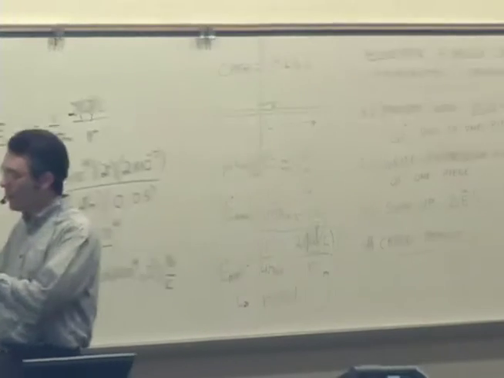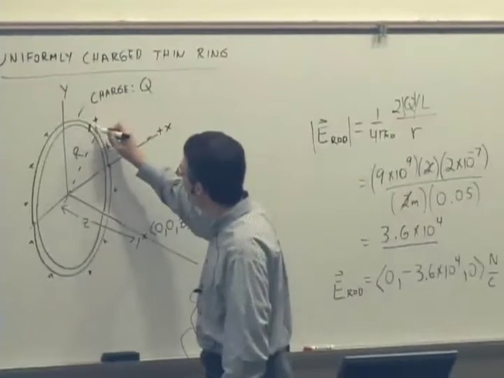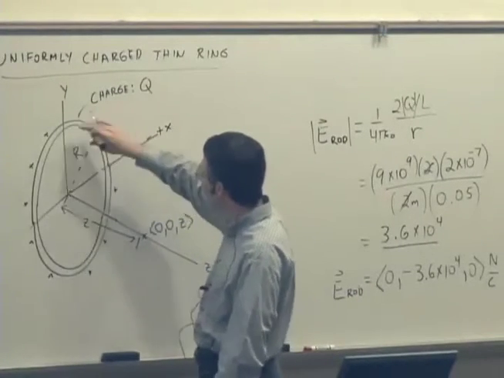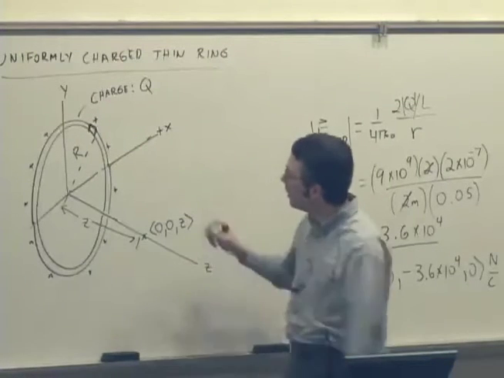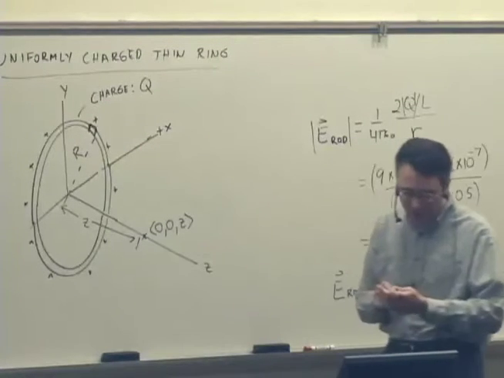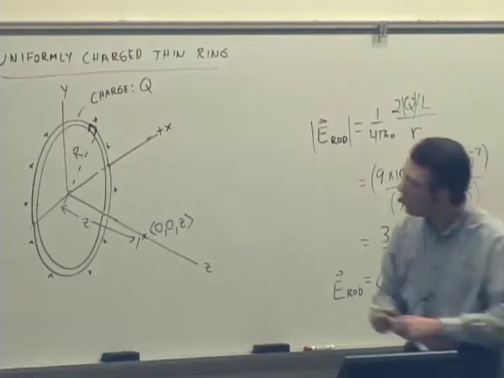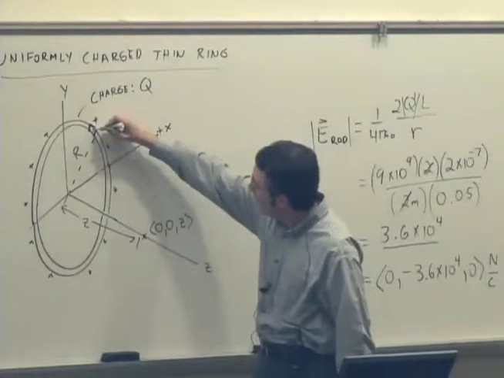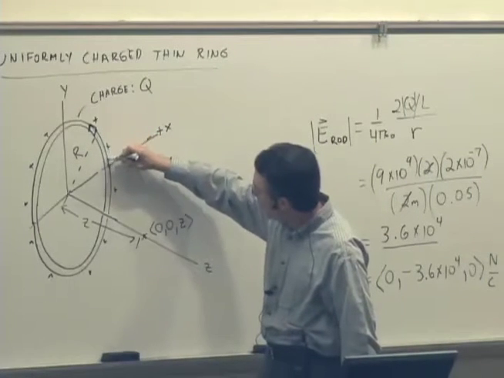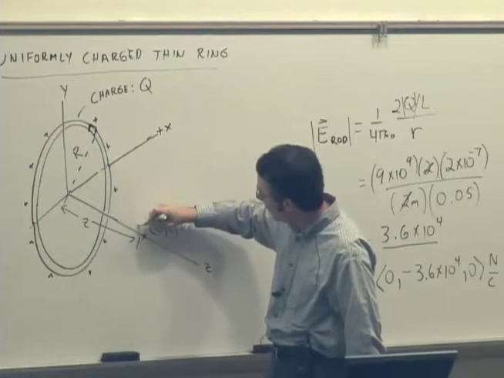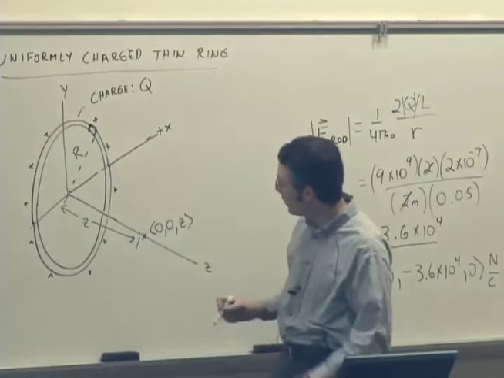When you break it up into pieces, here's a piece that's, say, at some random location in the xy plane. I would have to look at an r vector that points from the source to the observation location, kind of like that.